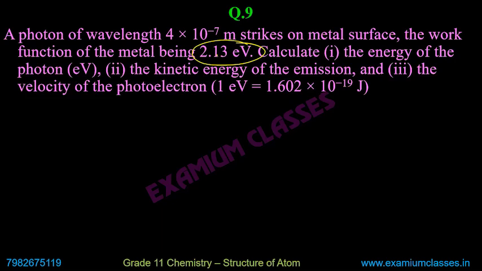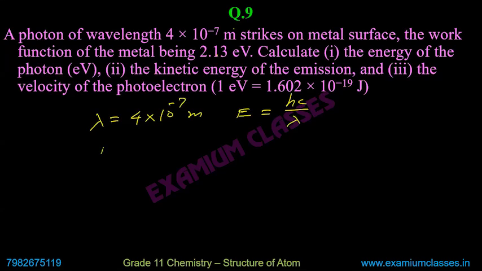Yes, correct. So first you need to make sure that you are converting the units to just one unit system. Now here the wavelength is given in meter, so that is fine. You can calculate the energy. Lambda equals 4 into 10 to the power minus 7 meter. From here you can calculate E equals hc by lambda of the incident beam.